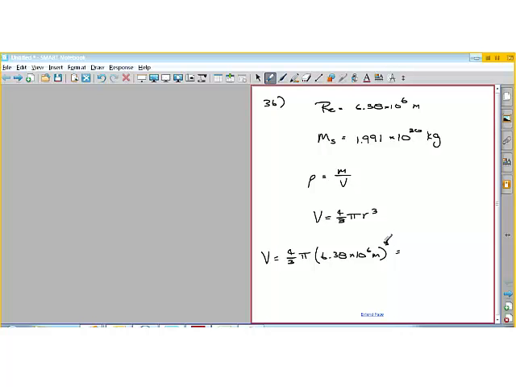Okay. Getting the calculator out of my bag again. Okay, 4 divided by 3 times pi. Oops, what did I do there? Oh, I pushed the wrong button.